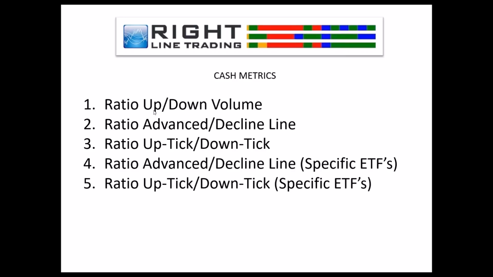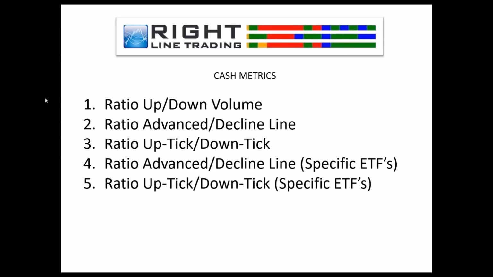And to understand what's going on in the cash markets, remember you have a cash analog. If you trade the E-mini futures, you have the S&P 500. You have the Dow cash. If you have the Russell futures, you have the Russell 2000 index cash. And the same thing with the NASDAQ, you have the NASDAQ 100.